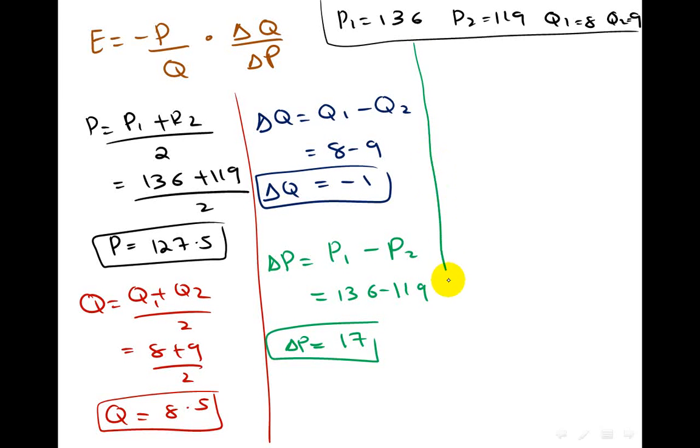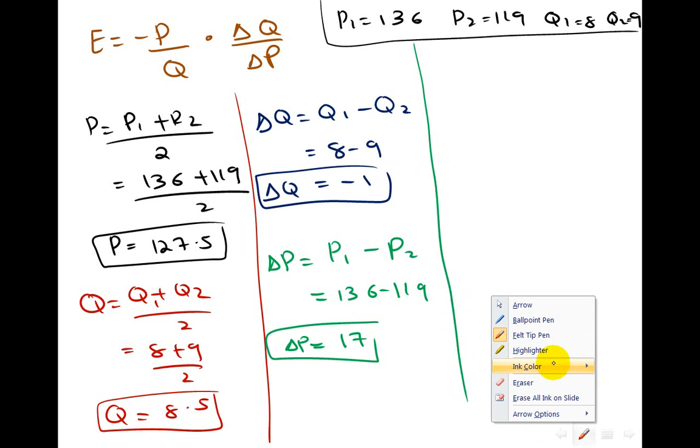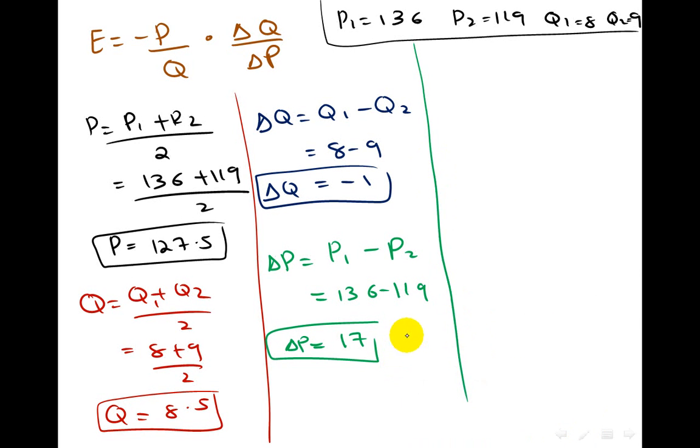Good. Once you reach this step, all you need to do is plug these values into the formula, where E equals minus P, which is minus 127.5, over Q, which is 8.5, multiplied by change in Q, which is negative 1, over change in P, which is 17.